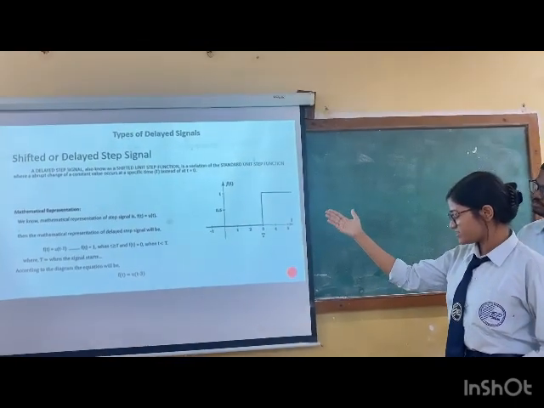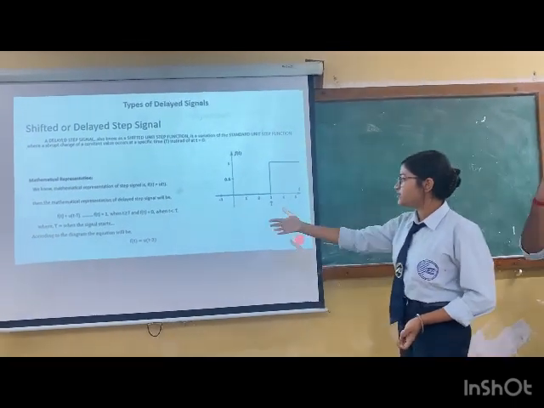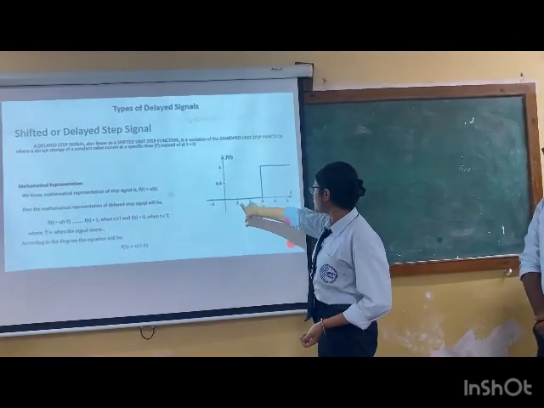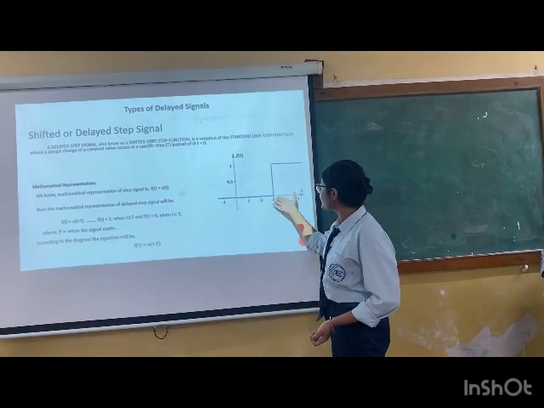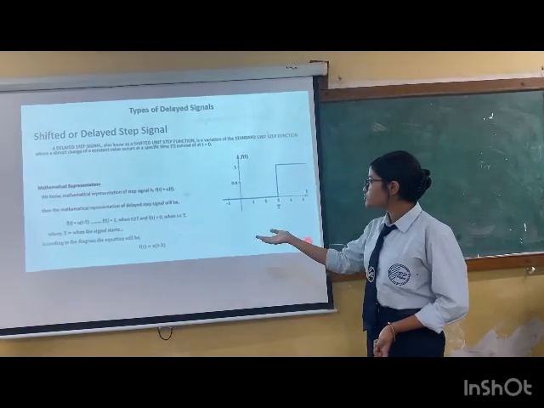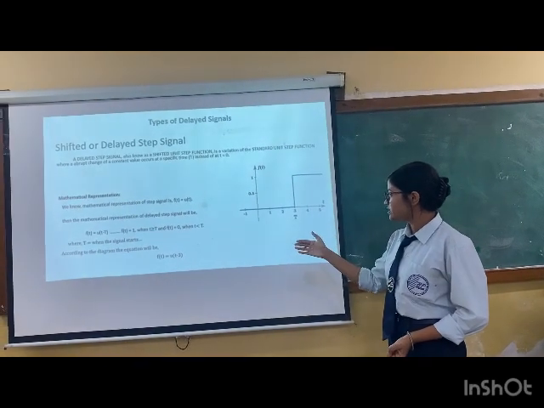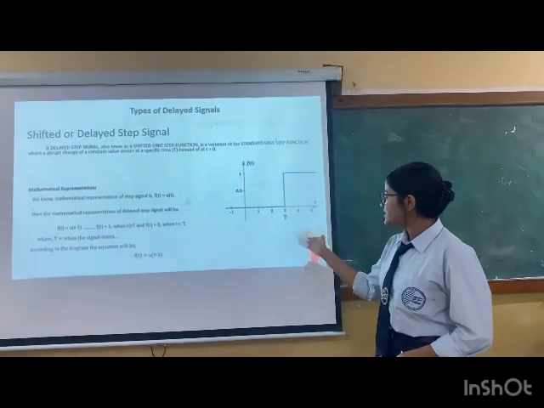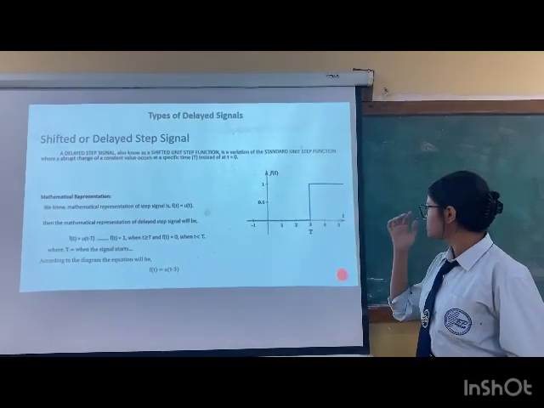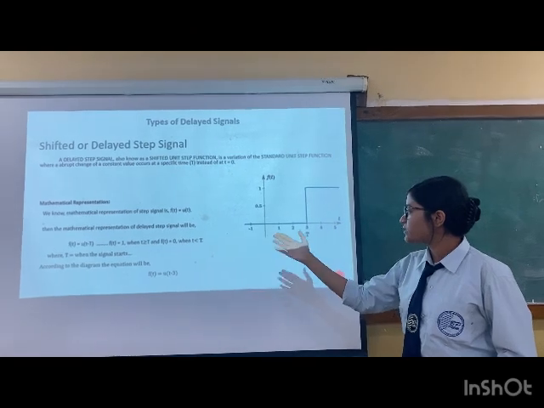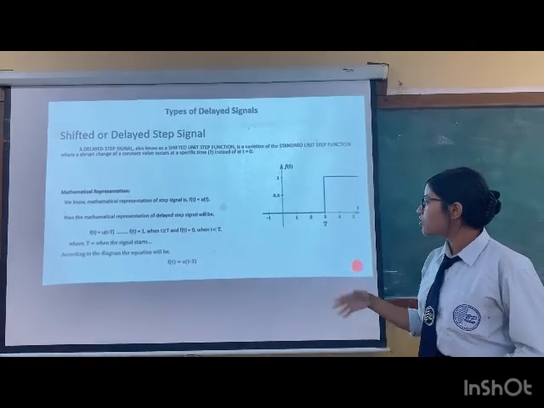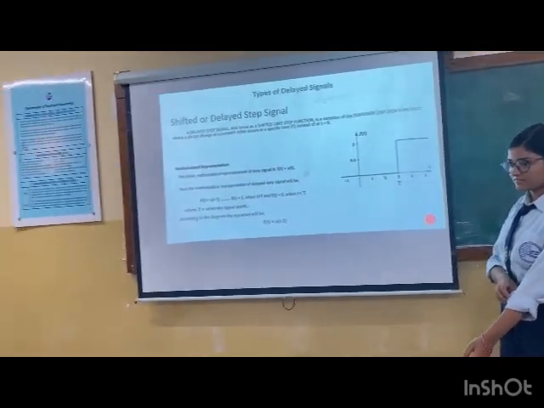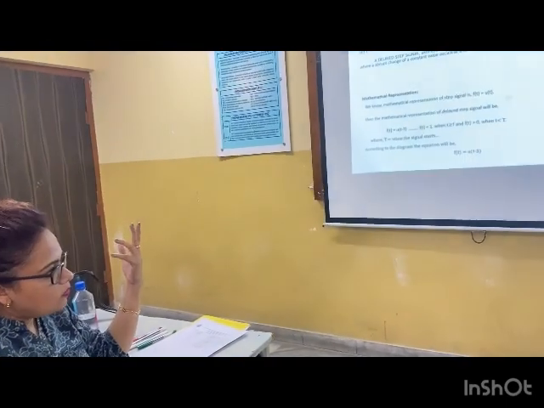The mathematical representation of the delayed step signal will be f(t) equals u(t minus T), which means the initial t minus the shifted T. f(t) equals 1 when t is greater than or equal to T, and f(t) equals 0 when t is less than T. According to the diagram, the signal will start from t equal to capital T, and before that it will have the value 0, right?